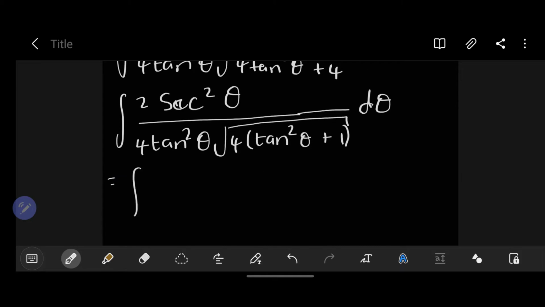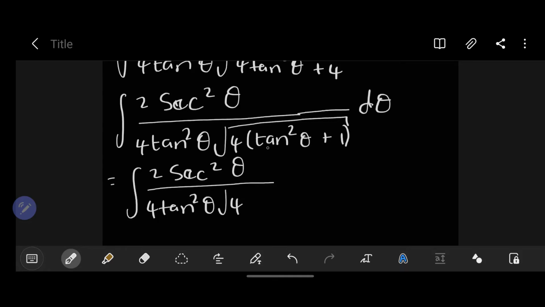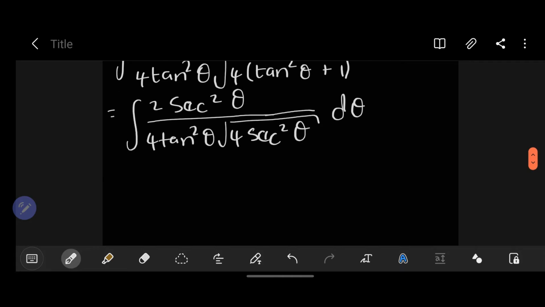So therefore I have 2 secant squared theta over 4 tan squared theta. I can take the, okay, I'll do it later. So this will give me secant squared theta d theta. Okay, from here I can just take the square root here.